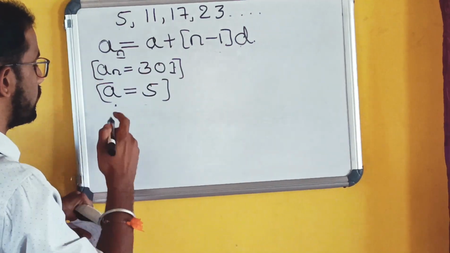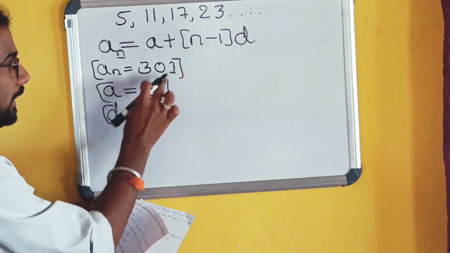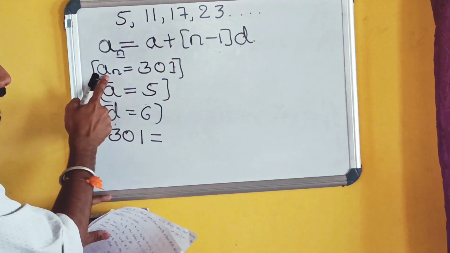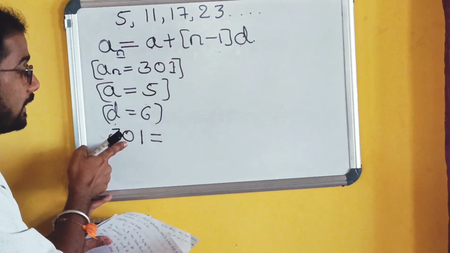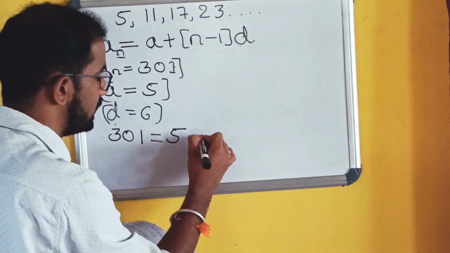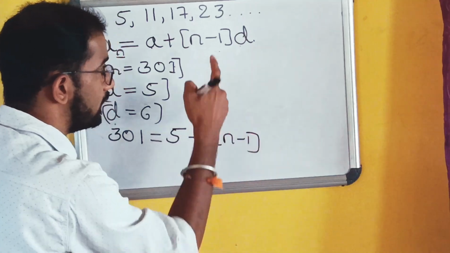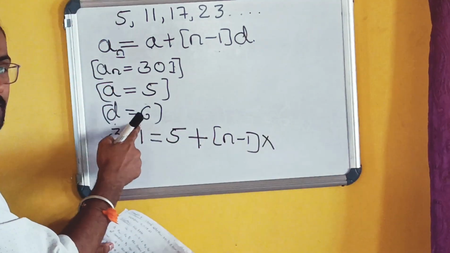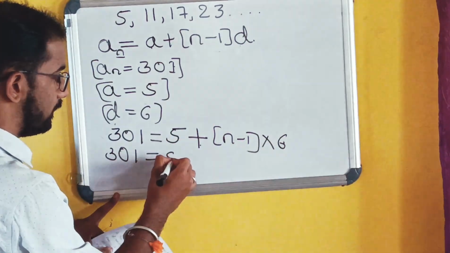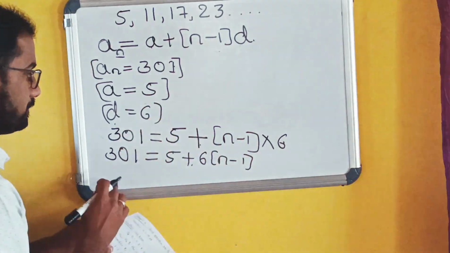We substitute an as 301, a as 5, plus, we don't know the value of n so we keep it as it is, and d we have calculated as 6. So 301 equals 5 plus 6 into (n minus 1).